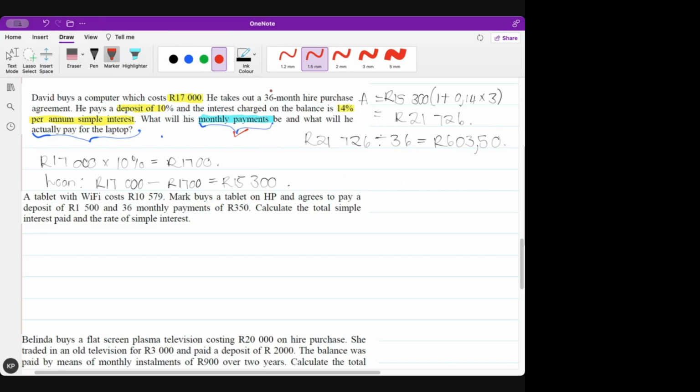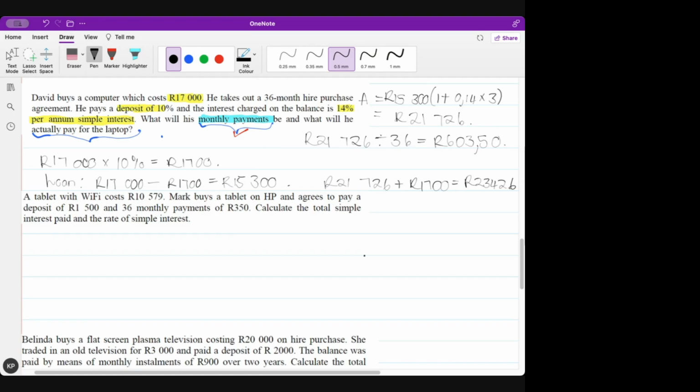Now when you ask what he actually pays, we're going to add. Okay, guys, we must follow each other. 726 plus 1,700, my deposit. And now we have Abu's answer, which was 23,426 for a 17,000 Rand laptop.